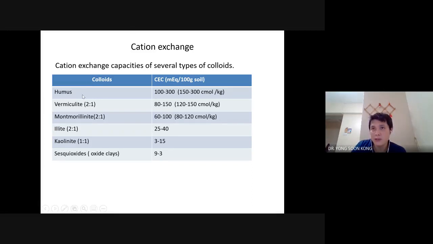If you add materials like humus and also 2:1 clay, vermiculite or montmorillonite, 2:1 micelle clay, they actually have a lot of negative charge to offer and they can increase the CEC. However, compared to humus, adding vermiculite and montmorillonite is probably not a good idea because they are not light. They are in fact quite dense. They're quite heavy.